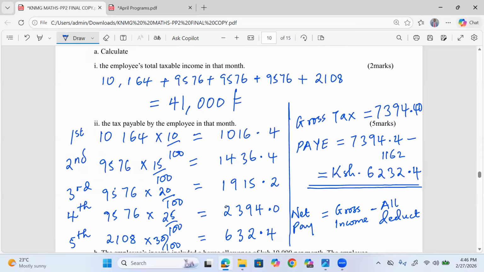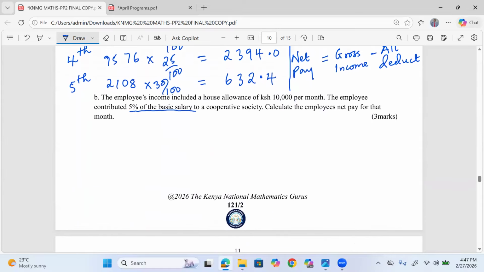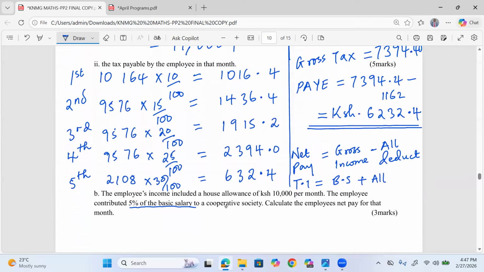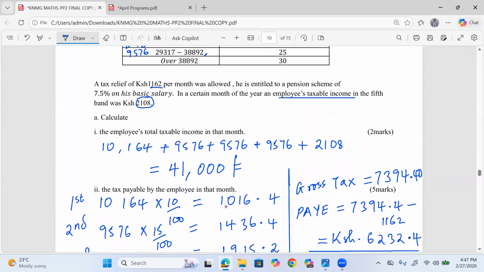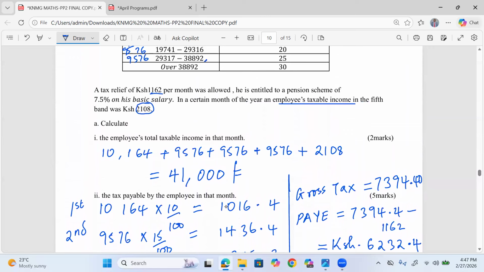Taxable income is usually given by basic salary plus allowances. And something that we're supposed to know is that the pension scheme is not being taxed. The person is first deducted the pension amount, then taxation takes place.